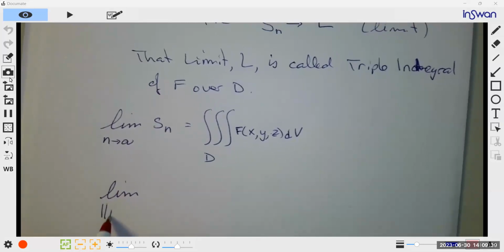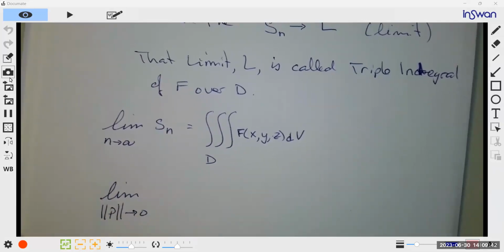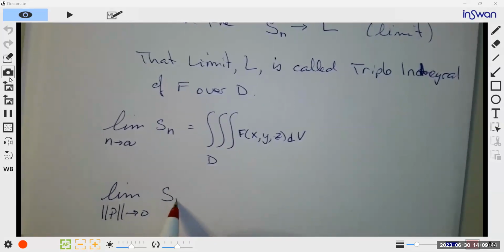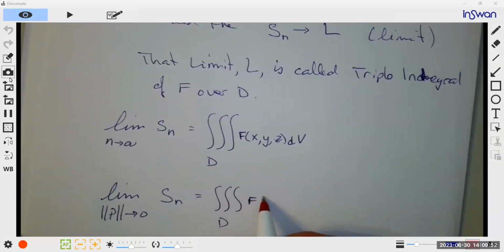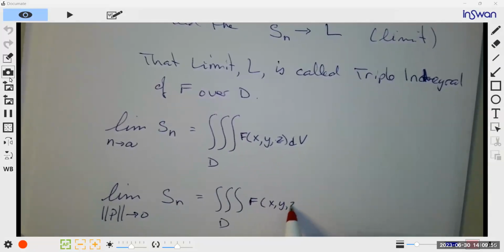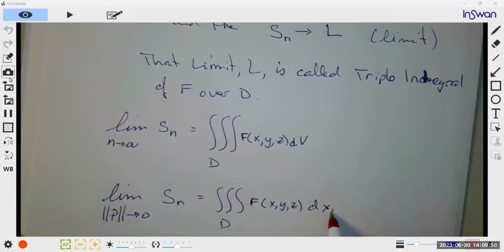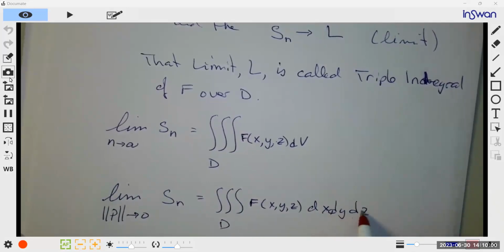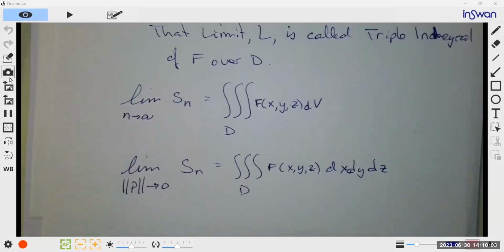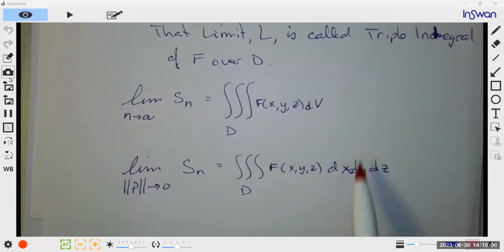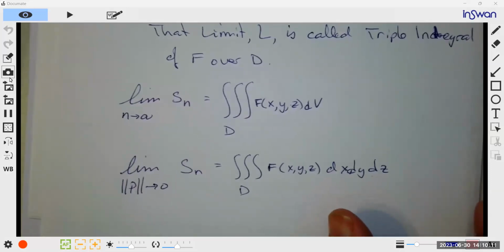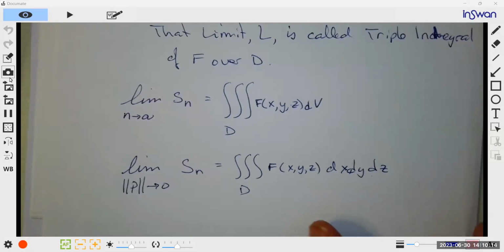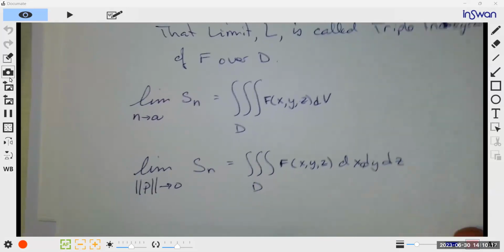The limit as our norm goes to 0 becomes our triple integral of dx, dy, dz. Again, remember, the order of integration is not important, but in this chapter, this is where it's going to be more important to learn how to change the bounds of integration.